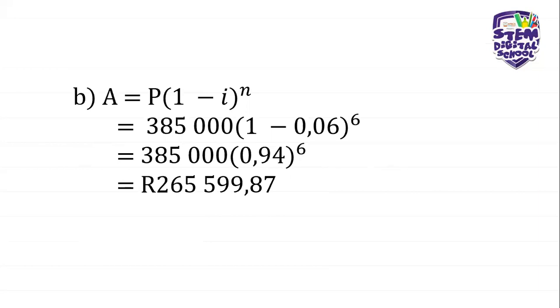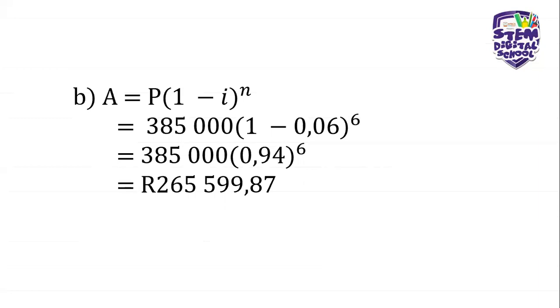We know that for the straight line depreciation, we got an amount of 240,000. So by the way, that will be the value of the car after a period of 6 years.